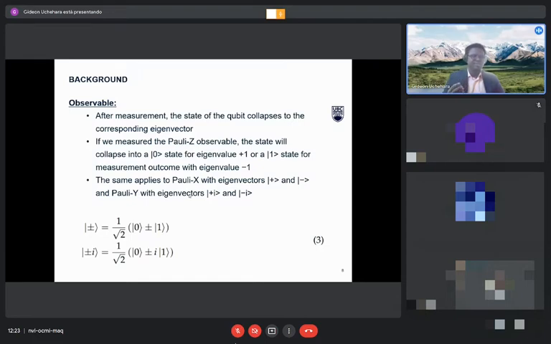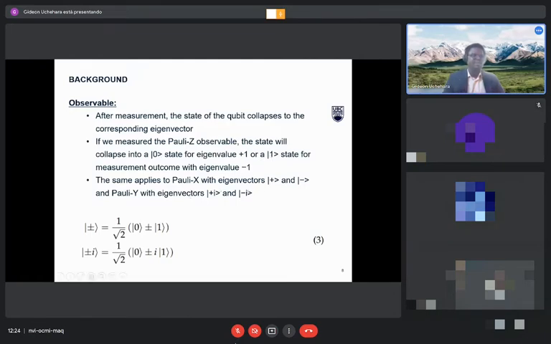For example, if we measure the Pauli Z observable and we get an eigenvalue of 1, then the state of the qubit will collapse to the state 0. If we get the outcome -1, then the state of the qubit will collapse to state 1, which is the ket 1 here.